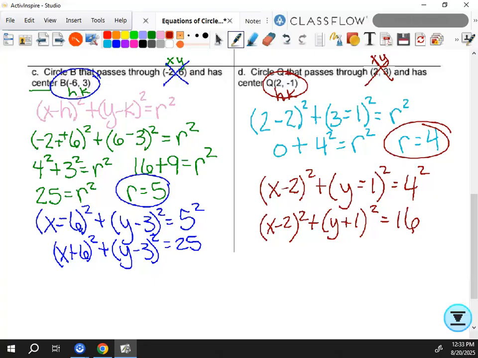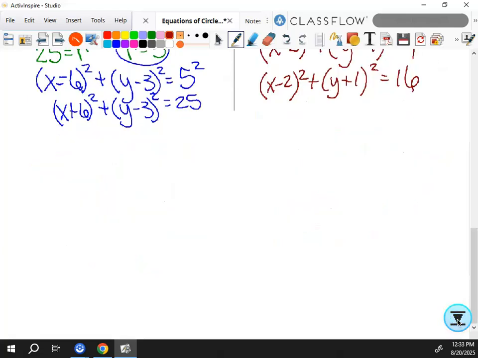Awesome. All right. Now, I do want to actually talk about one more thing before that, because this will come up in Delta Math, and I just want to make sure. I know I didn't do a question like this, but for a reason. But let's say that I'm figuring all this out, and I get that r squared equals, I don't know, 50. That means that r is equal to the square root of 50.